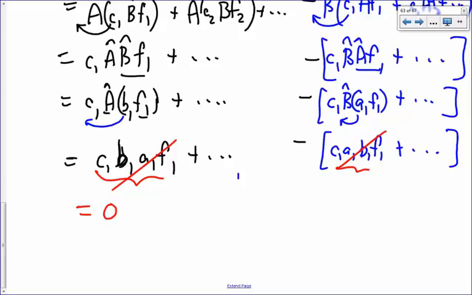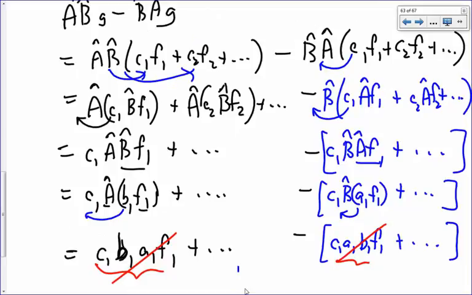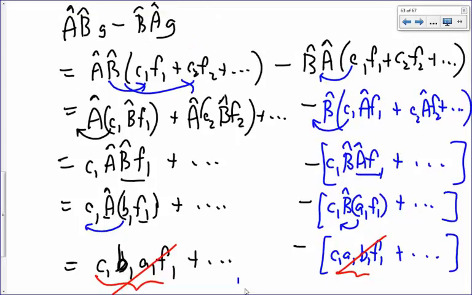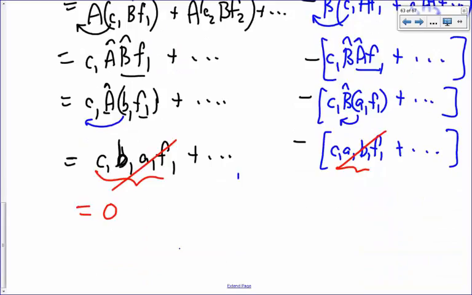Okay? Now, a common proof you might find in some textbooks is they don't do this expansion right here. They just pick one eigenfunction and show that these two are equal, and they say, let's say that ABG equals BAG.